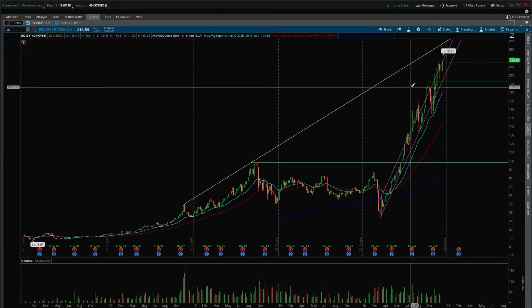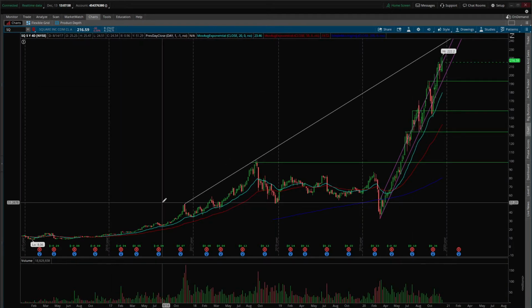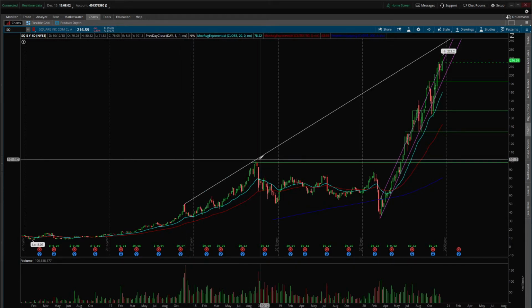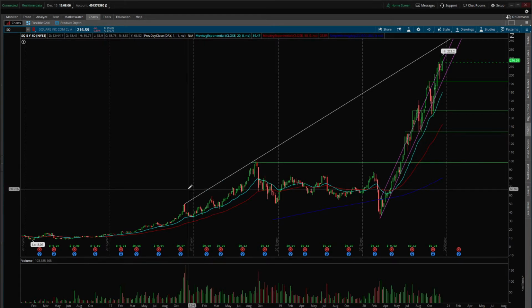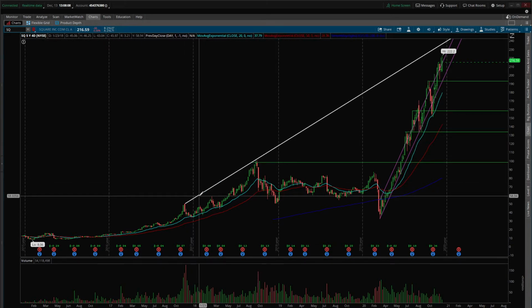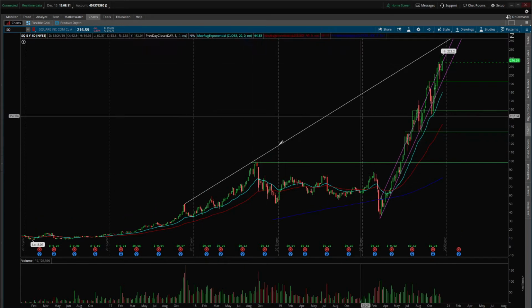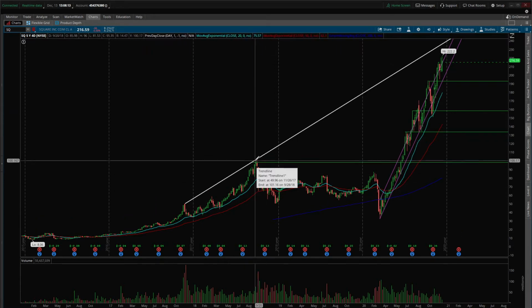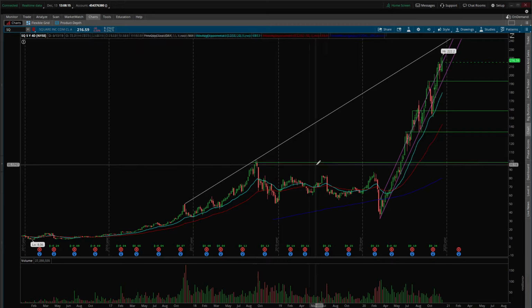Actually, look at the 5-year really quickly, just so you can see this long-term growth trend line, which we haven't visited since October of 2018. It's an incredibly steep growth trend, and as you can see, after hitting this high in September 18, we've basically been in consolidation ever since.